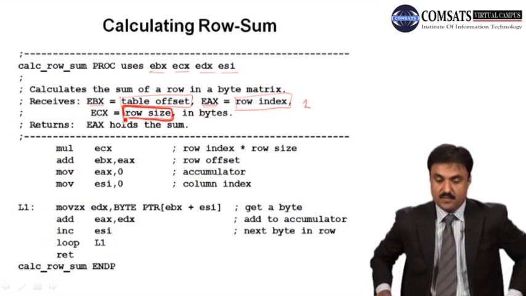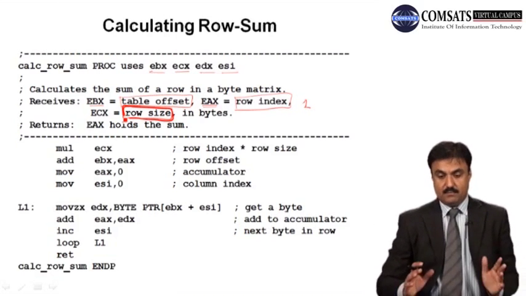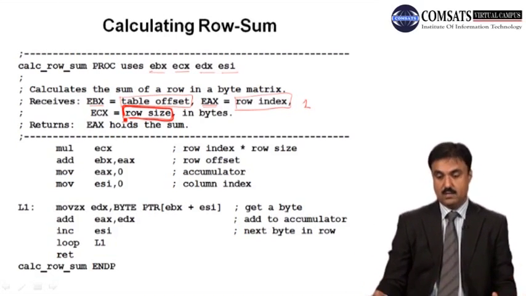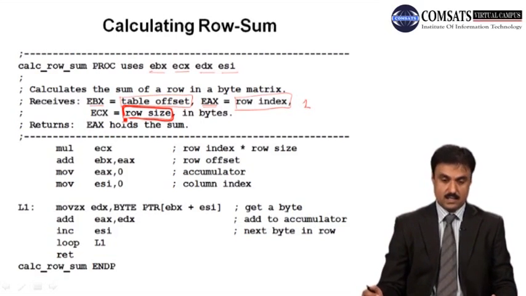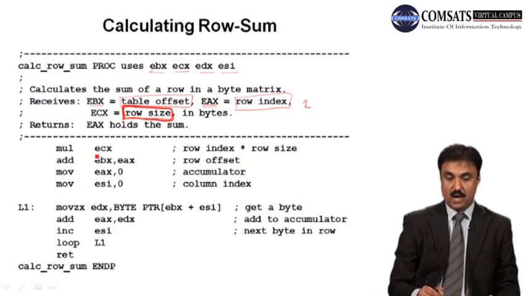Now first we calculate the index of the row, the address from where we are going to start our rows. We multiply the row size inside ECX by the row index.